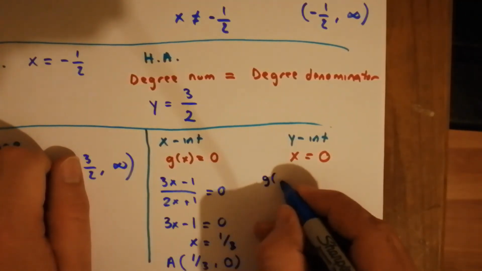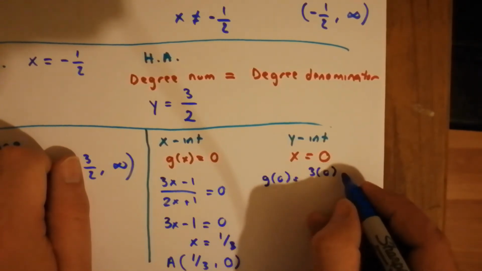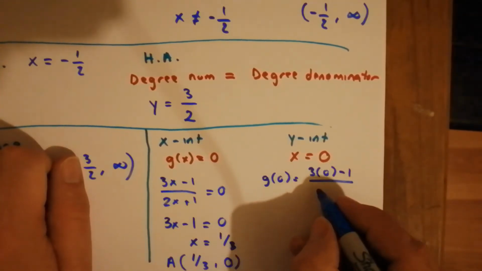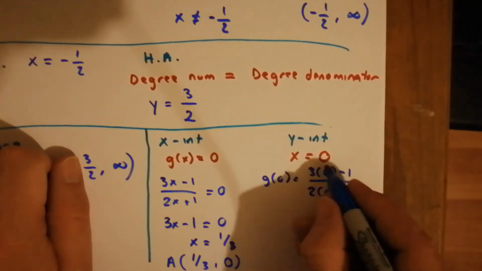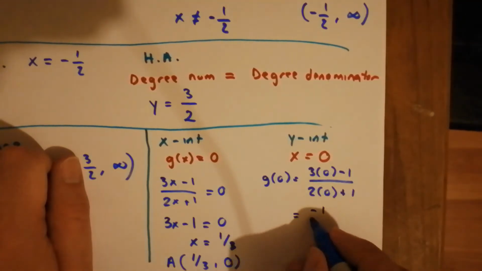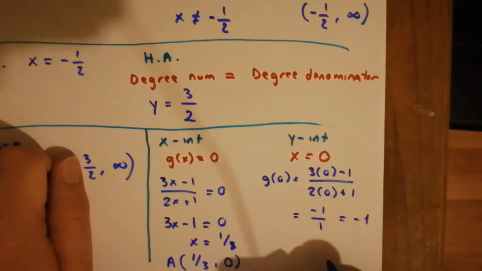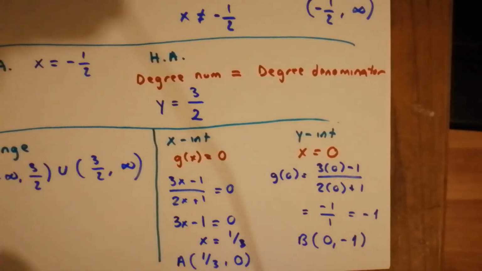So g of 0 is going to be (3 times 0 minus 1) over (2 times 0 plus 1). This becomes 0, this becomes 0, then you have only minus 1 over 1, which is minus 1. So my point is going to be (0, -1). Very good.